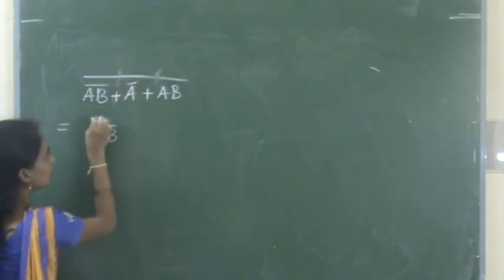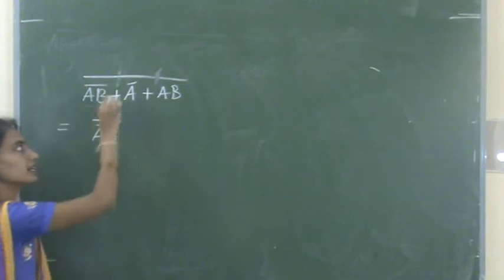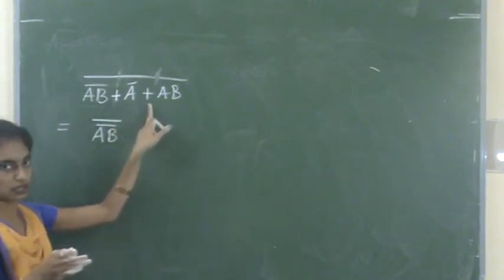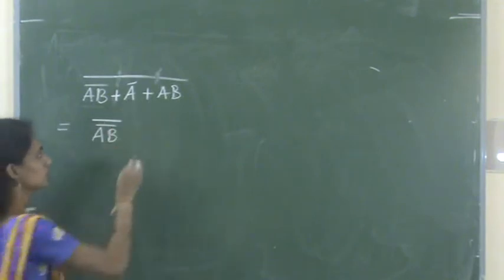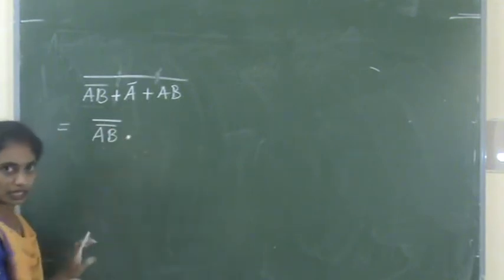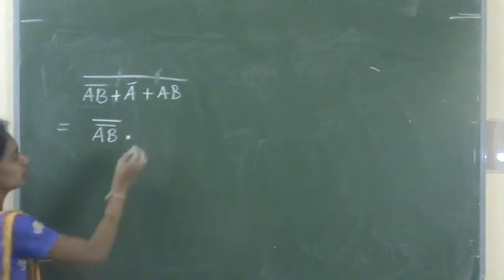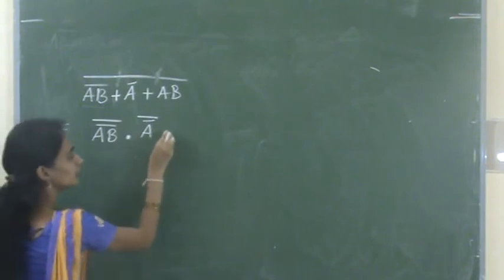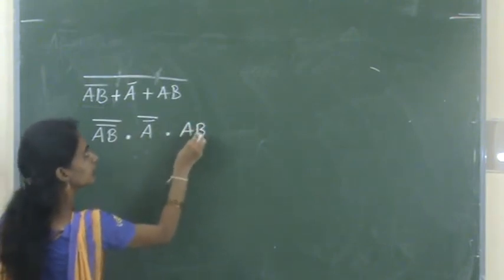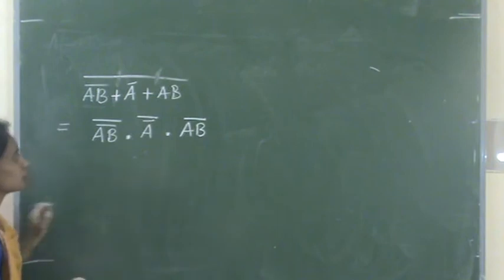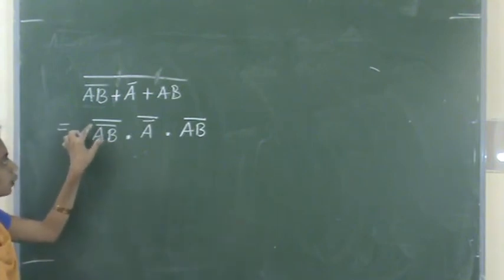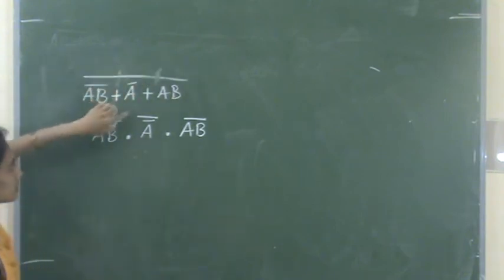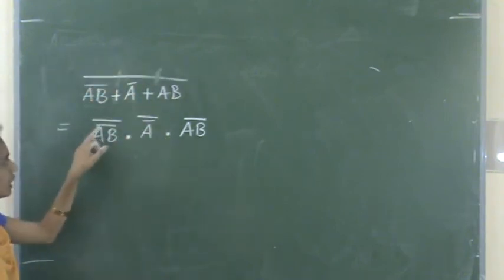So a bar whole bar. I told you, if we are dividing the bar, change the operation. Here we have a plus operation; change it to multiplication, meaning AND operation. Then a bar, then this one whole bar into ab bar. Why am I writing two bars here? We already have one bar, and the whole bar that is divided gives a double bar.